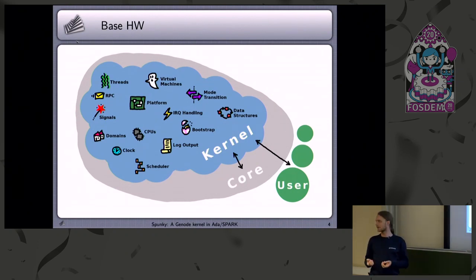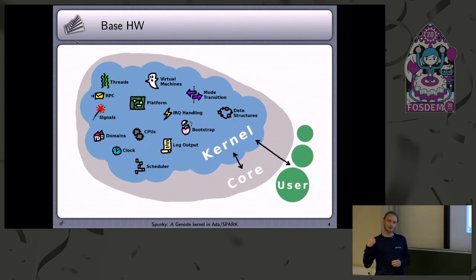It's a library that is linked against the core of Genode. And it's less than 10,000 lines of code, a lot less if you specialize on one architecture. And the modules that the base-hw kernel is made of are also pretty well separated from each other.